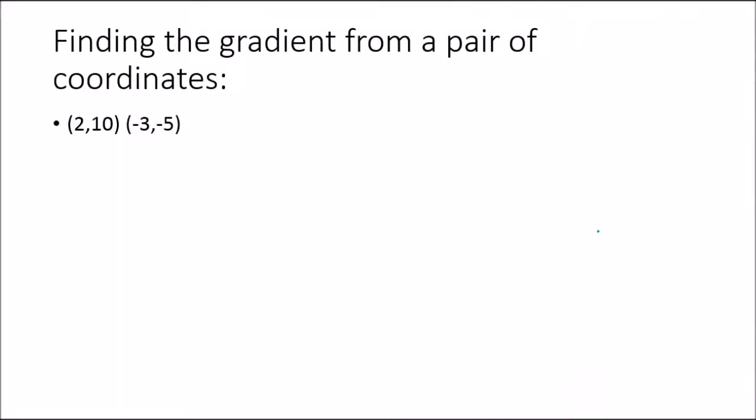And as I've shown you before as well, sometimes you're just going to be given a pair of coordinates, so there's no graph in front of you. So you really just need to approach this using the formula that I've used before. This is where m equals y2 minus y1 over x2 minus x1. Now remember that you want to try and label these properly.